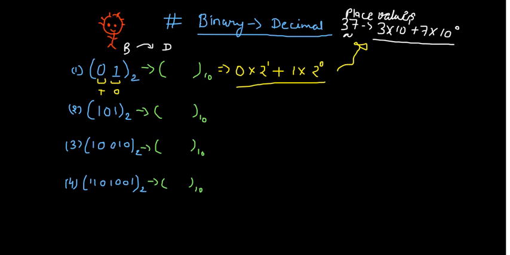Just remove 10, replace 10 with 2. That's it. Okay, so let's solve it. On solving, we get 0 plus 2 to the power 0, which is 1. So 1 multiply 1 is 1 and our answer is 1.